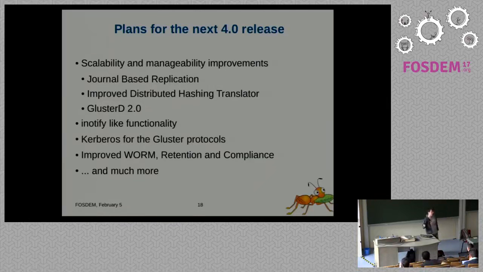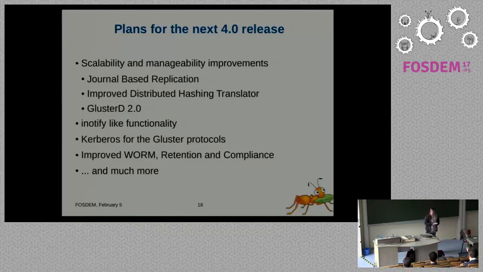WORM retention and compliance is something that people want as well, similar to lifecycle kinds of features: being unable to delete a file until the next 2 years or something like that, or moving a file to a particular directory when certain events happen. Those things are coming, but slowly, because it's not really on our priority list.